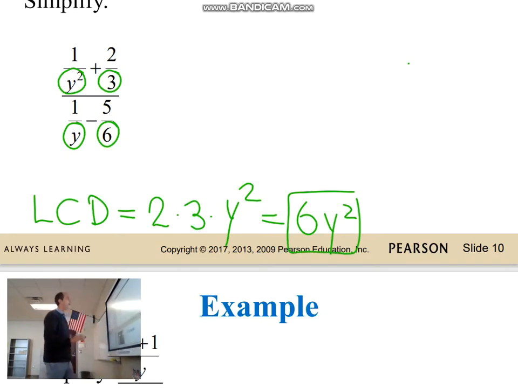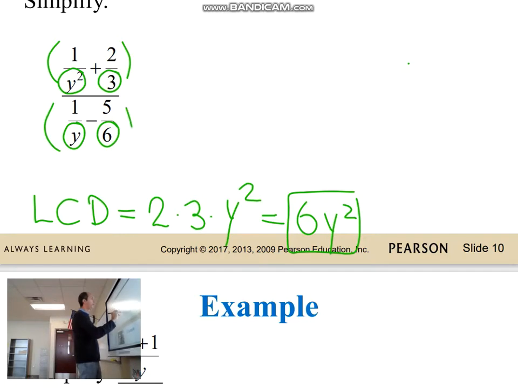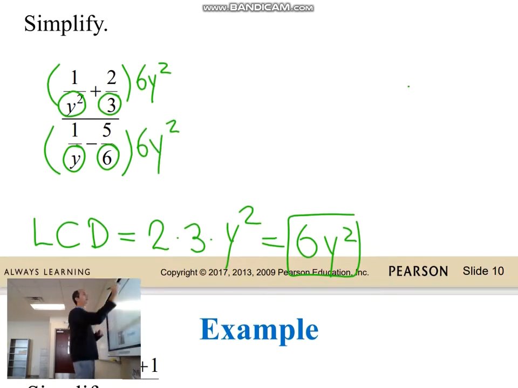Great. Multiply the top and the bottom by the least common denominator, 6y squared and 6y squared. Now let's find the results. If we multiply 6y squared by 1 over y squared, we have 6.